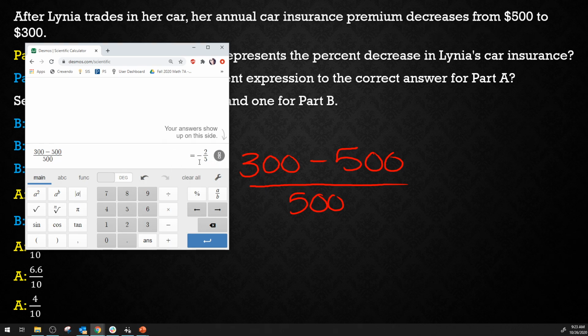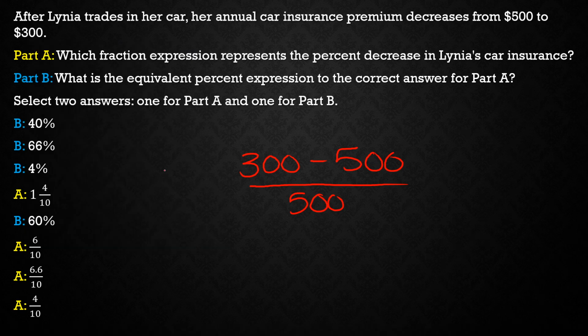And it's interesting because when I reduce this, I get a negative 2 over 5, and that's not wrong. So 2 over 5 is technically correct. However, none of the fractions are reduced to the simplest form. So if I take the top and bottom here and multiply both by 2, I would get 4 over 10, which is this one here. So that is correct. 4 over 10 is correct.